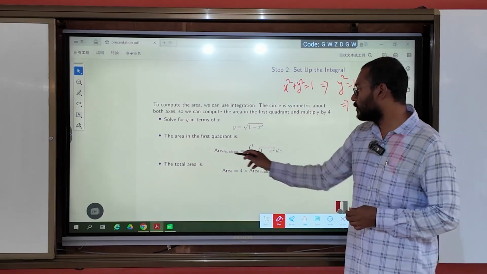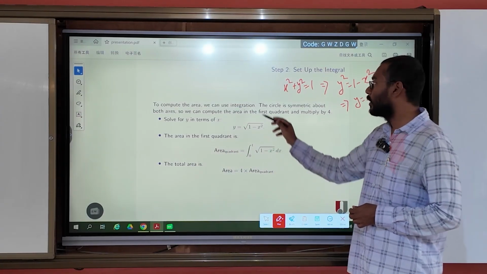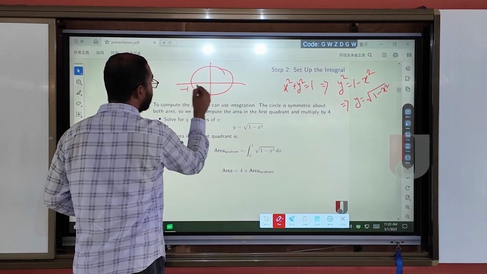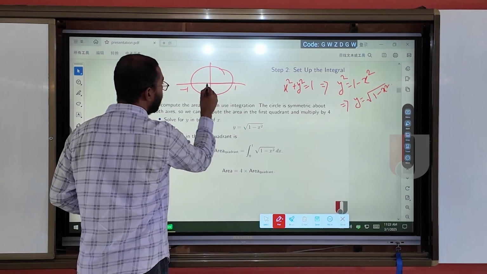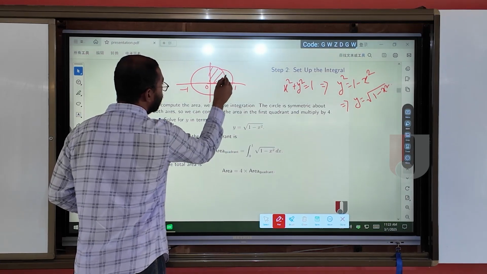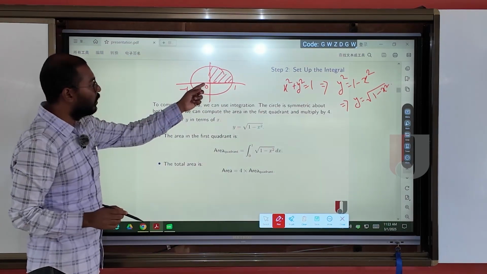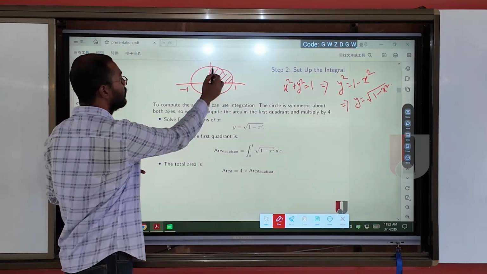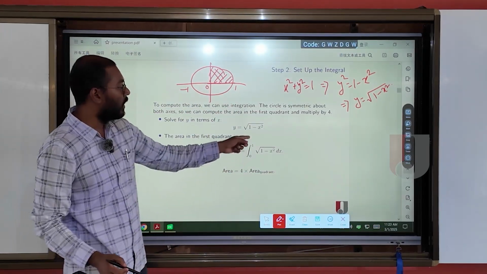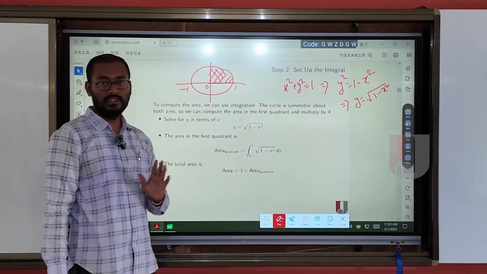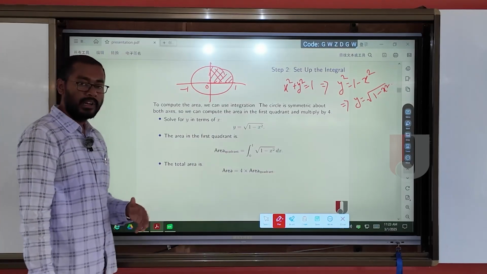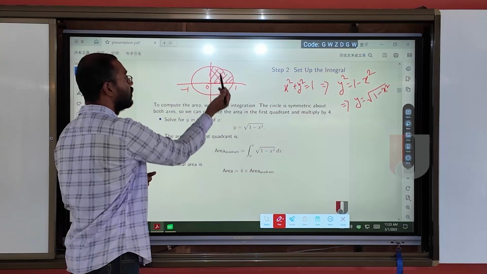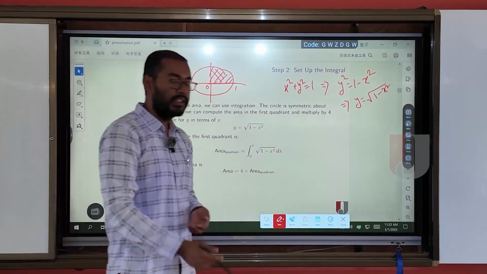Now in the first quadrant, the limit is from 0 to 1, because for the circle x goes from minus 1 to 1. So the lower limit is 0 and the upper limit is 1. Now I want to compute this entire zone, so it is the integral from 0 to 1 of root over of 1 minus x square dx. Our procedure after that is to multiply by 4, so this area times 4 gives the entire area.